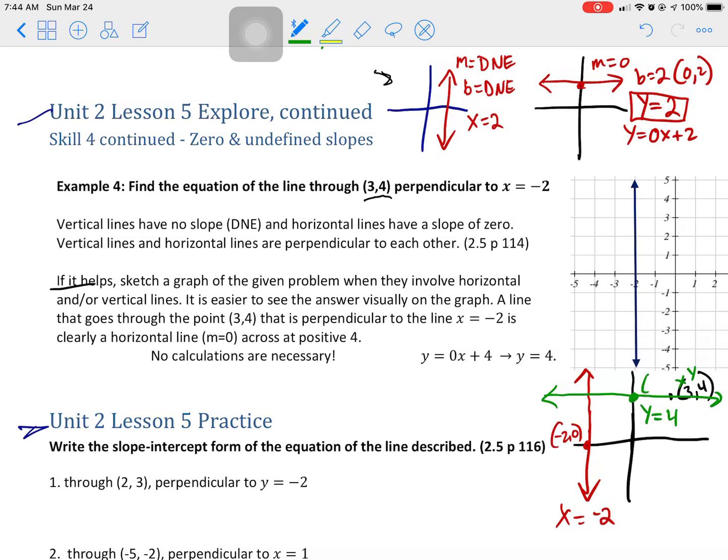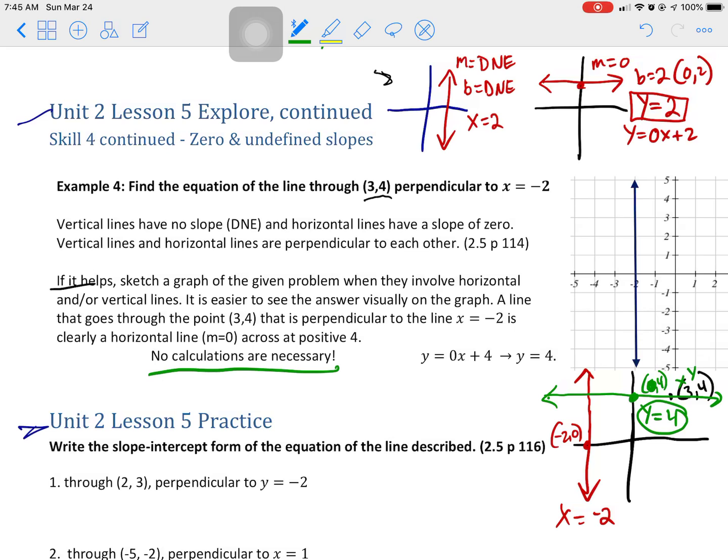This must be 4, no, 0, 4. That's my b, right? That's a 0 there, 0, 4. So that would be the equation of the line that would be perpendicular to this other line. Those are a little tough. Don't get out any kind of calculations. No calculations are necessary. You just have to wing it.